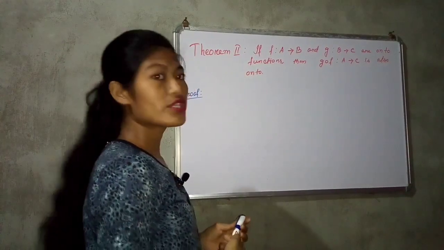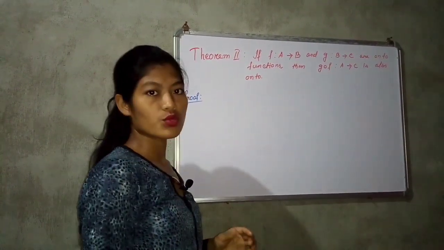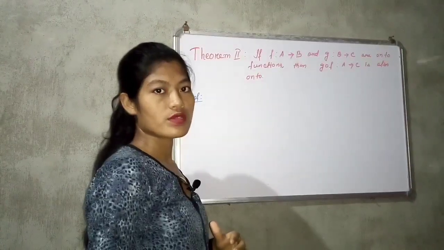So the theorem is about if we have two functions given which are onto, then we need to show that their composite function is always onto.